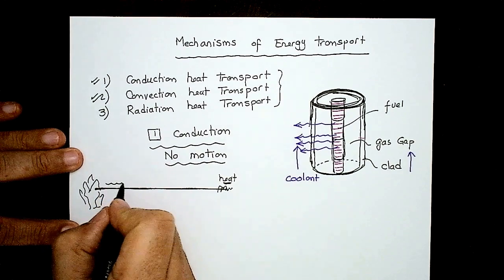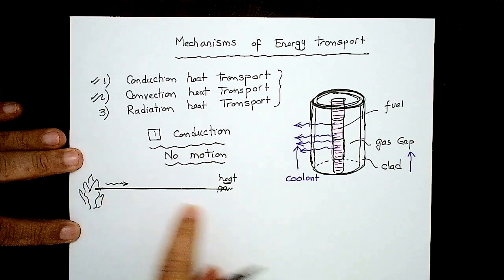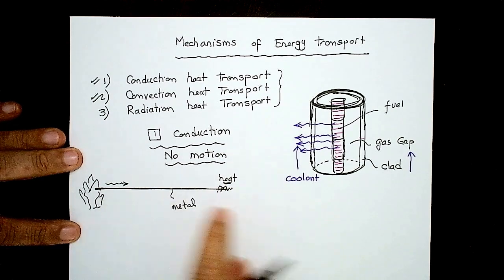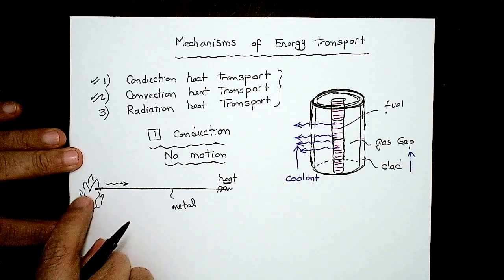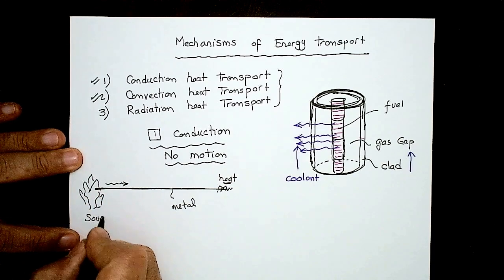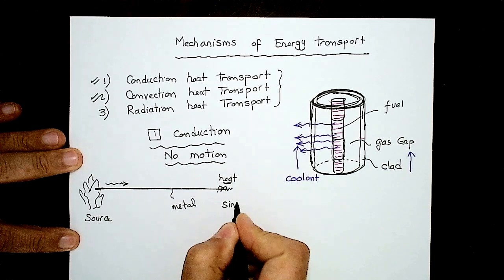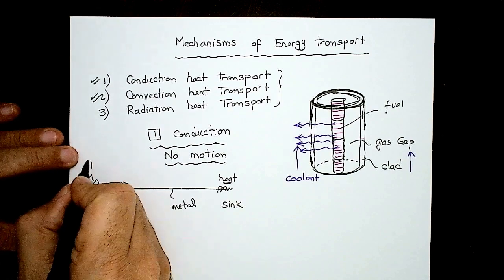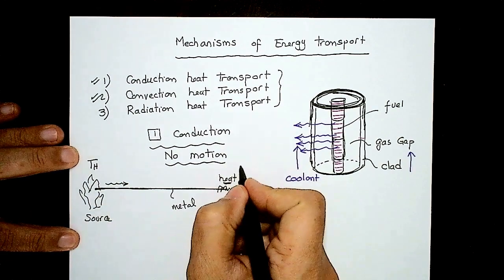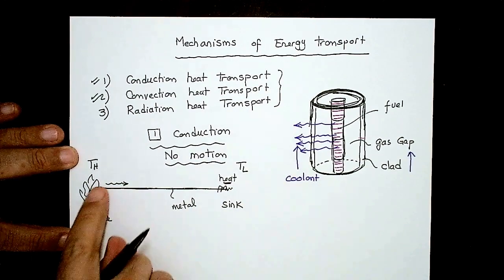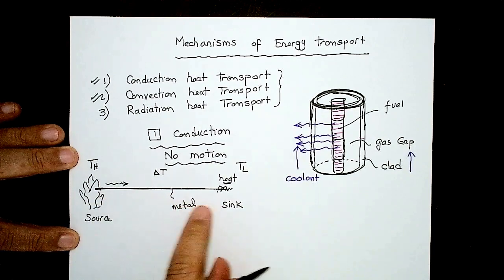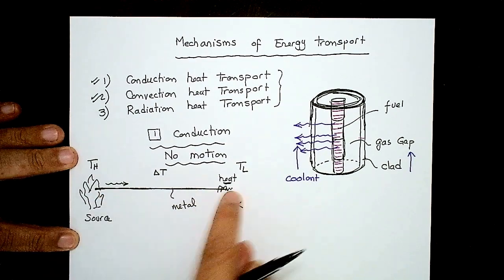So the energy will transport, taking that metal rod as a bridge to transfer from the source to the sink, right? And the driving force here is that this fire has a high temperature, your hand has a low temperature, and due to that temperature difference, energy will transport and it will take that metal rod as a bridge to transfer from one end to the other.